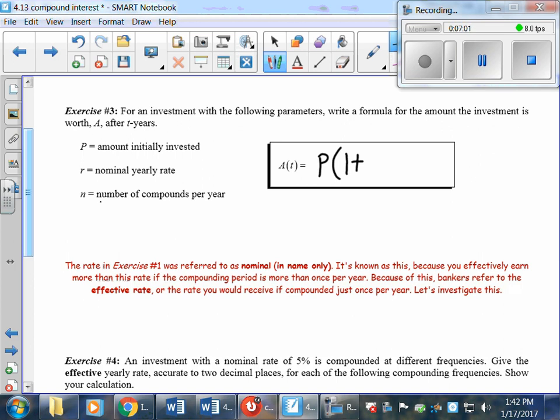And if N is the number of compounds per year, and R is the nominal yearly rate, we know this is going to be R divided by N, and then raised to the number of compounds per year times the time. So N T. Remember, we talked about after T years right here. So there is our formula, and that's the formula we're going to continue to use.